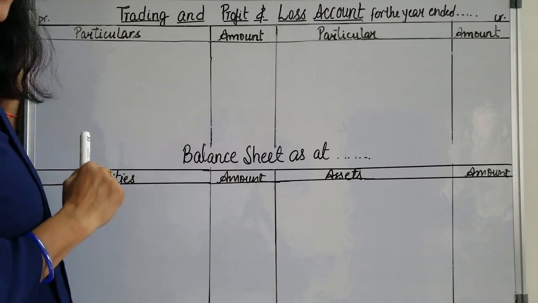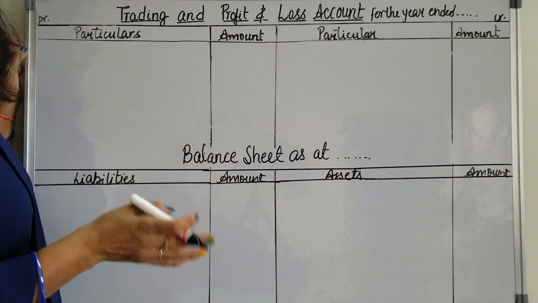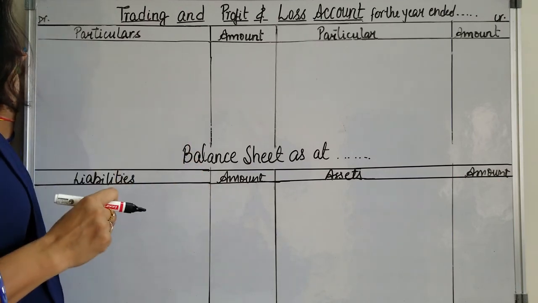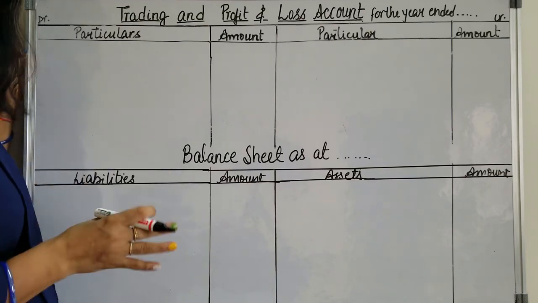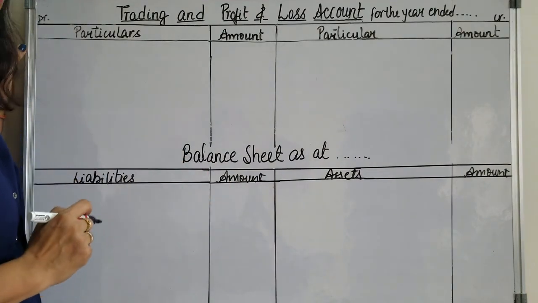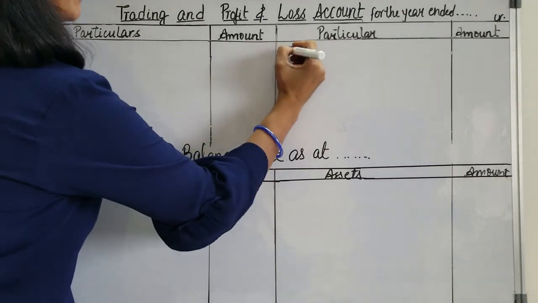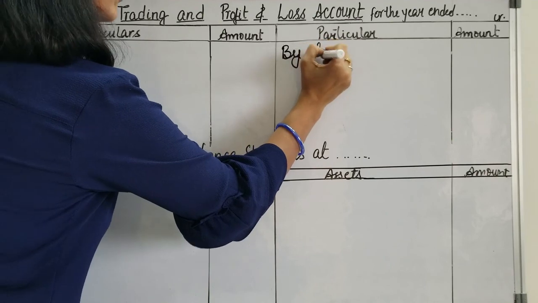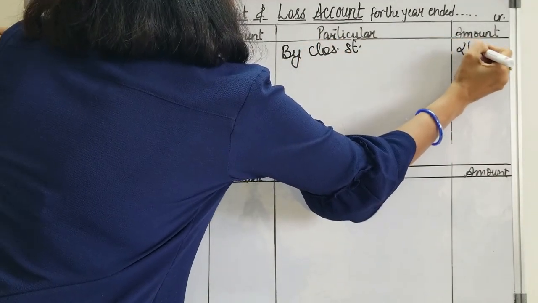Now according to the principle of conservatism, closing stock is always recorded at cost value or market value, whichever is less, because it says provide for all anticipated losses but anticipated incomes should be ignored. Like in this case, we will record closing stock at rupees 24,000. So we'll make the entry on the credit side of the trading account, like by closing stock at rupees 24,000.